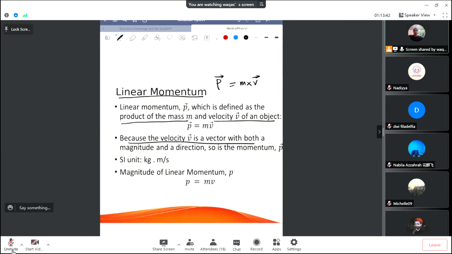Velocity is a vector quantity, having both magnitude and direction, so momentum is also a vector quantity. Momentum has the same direction as velocity. So the magnitude of linear momentum is defined by this.